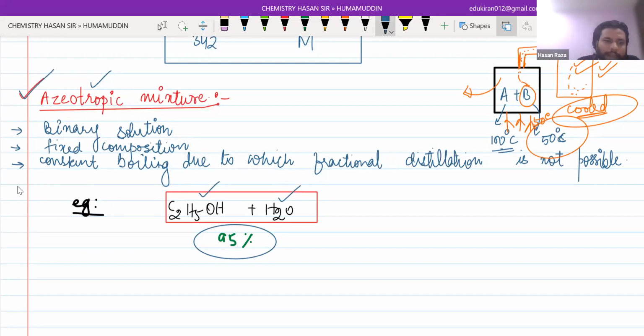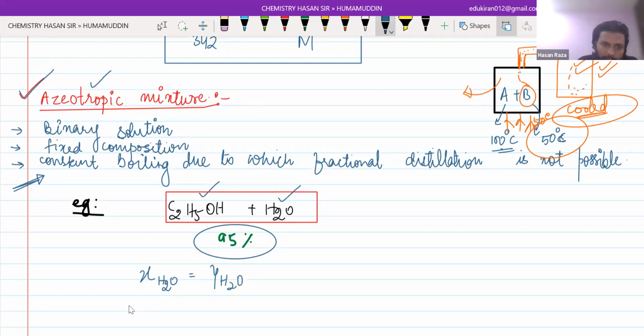Now there is a question, why do their boiling points become constant? It's very simple. What happens when the boiling points of the components are equal? The mole fraction of water in liquid phase will be equal to its mole fraction in vapor phase.